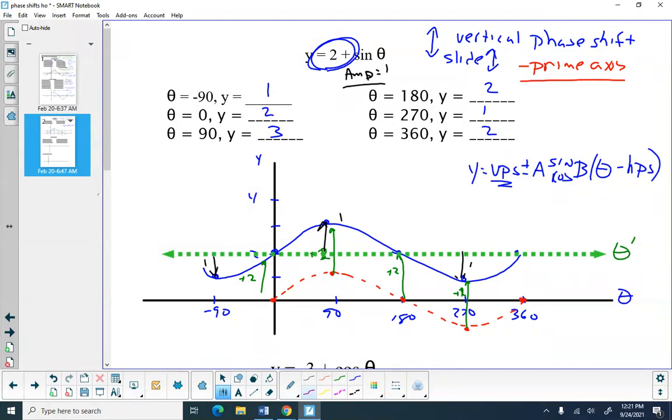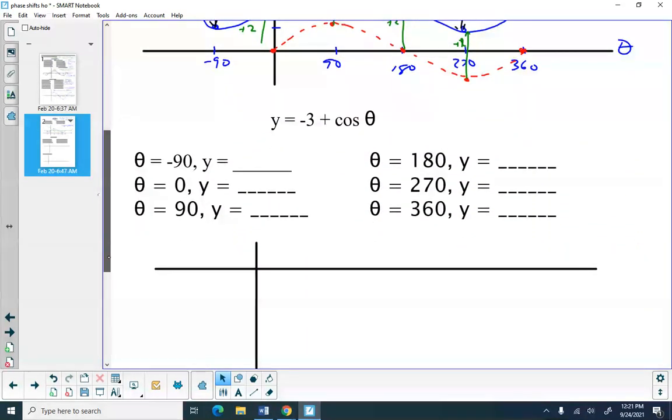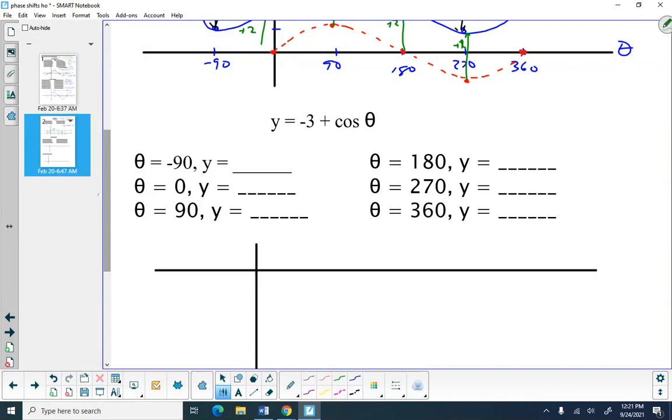So if we take a look at a graph, we have y equals -3 plus cosine of theta. The period is still going to be 360. Our amplitude is a value of 1. We have no horizontal phase shift. Our vertical phase shift is a value of -3.